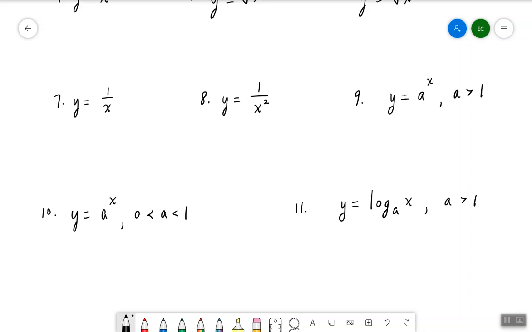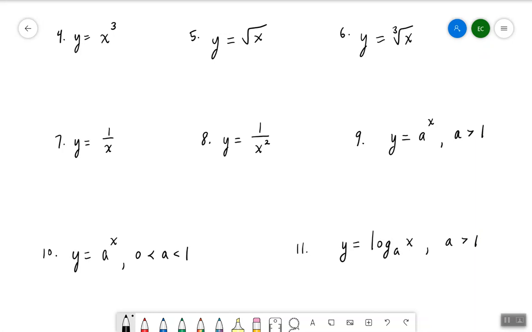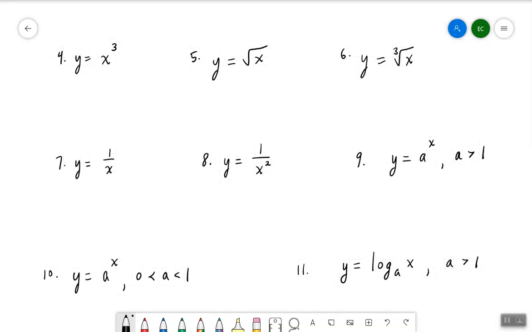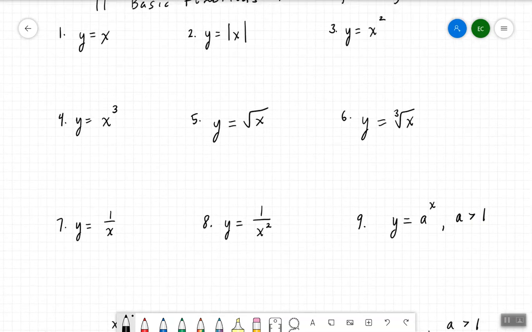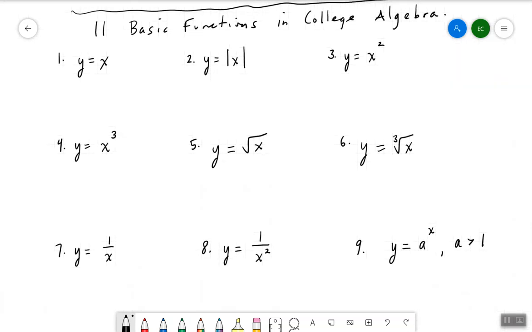You may have noticed that we haven't spent much time talking about logarithms where the base is less than 1, and so that's okay. If you're interested in that graph, then you can find it in the textbook. Okay, so take a moment, pause the video, and then see how many of these graphs you can sketch.